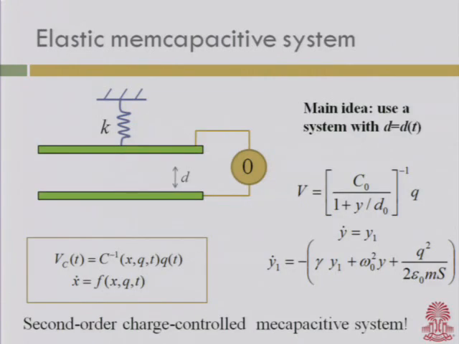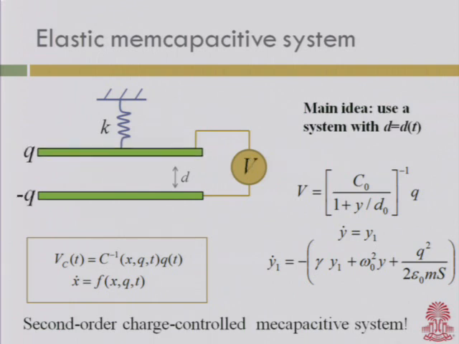Okay, I'm going to show several examples of Mem-capacitive systems. This is just a toy model. We have a parallel plate capacitor with a fixed bottom plate and a top plate suspended by a spring. When I put some charge on the bottom plate, the plates attract each other and the separation between the plates changes. So we obtain some kind of memory which is encoded in the distance between the plates.